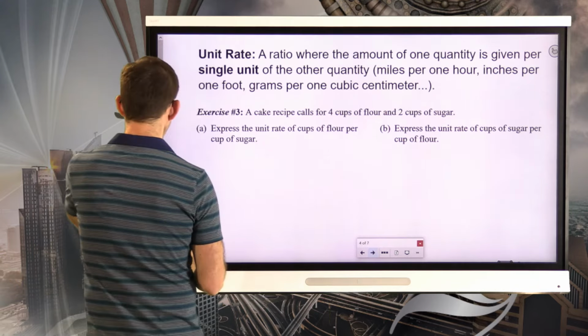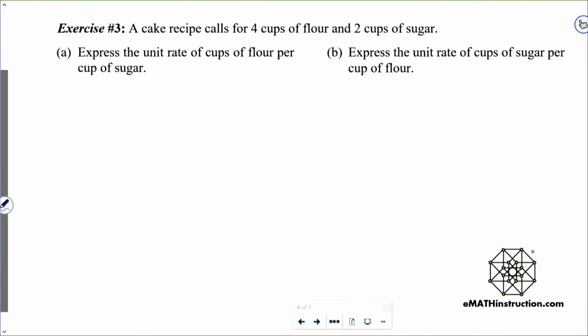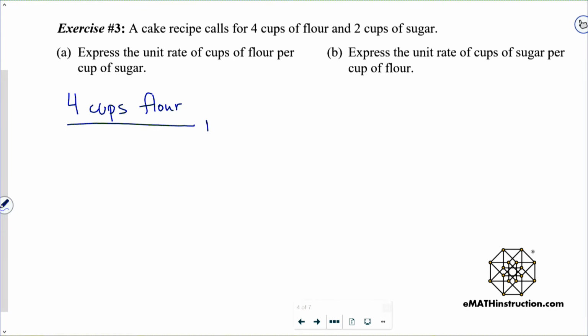So I've got 4 cups of flour per, literally, I want you to think about the fraction bar as being the word per, 2 cups of sugar.